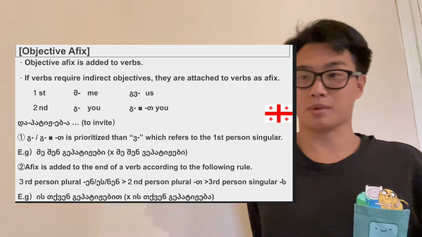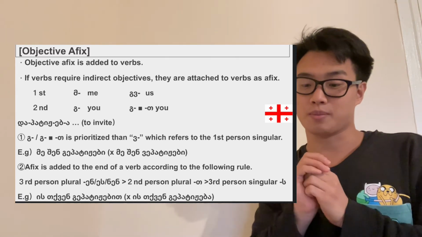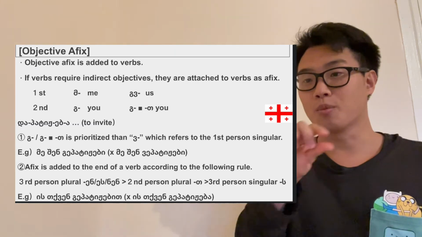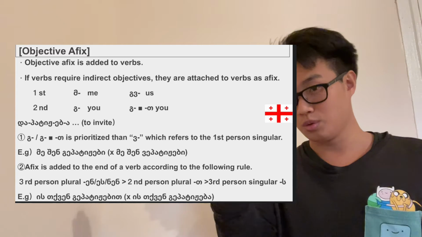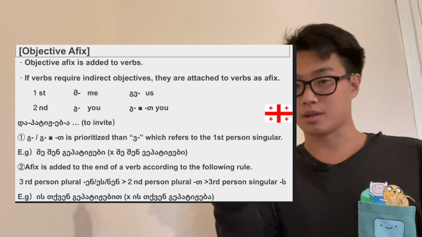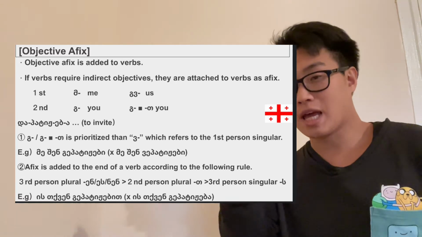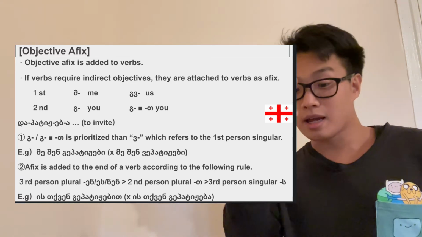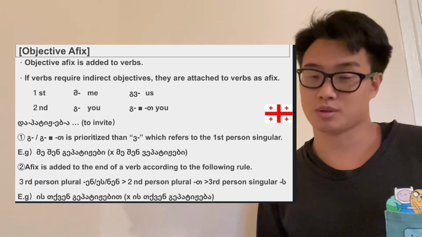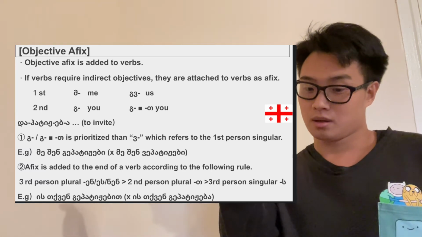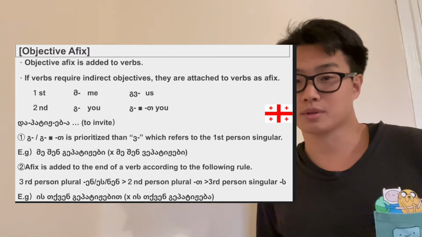So this is a kind of hierarchy, a ranking. First of all, s can be used, but if we have the second person plural form, t should be used. But if we have the third person plural form, n, en, and so on, these affixes should be used rather than the letter t or letter s.